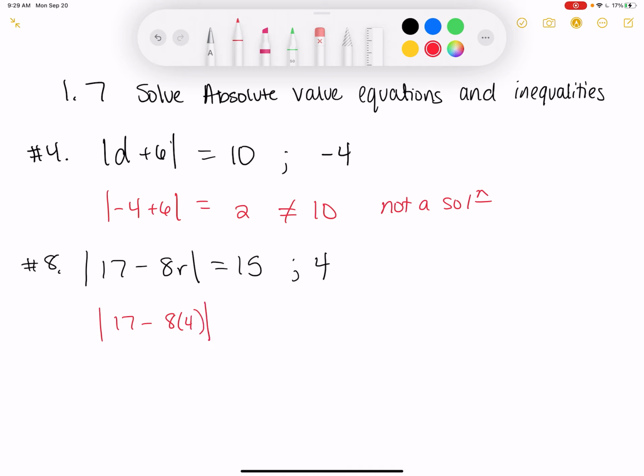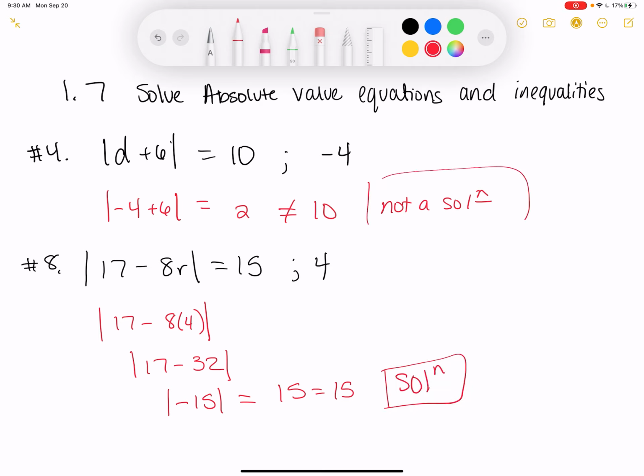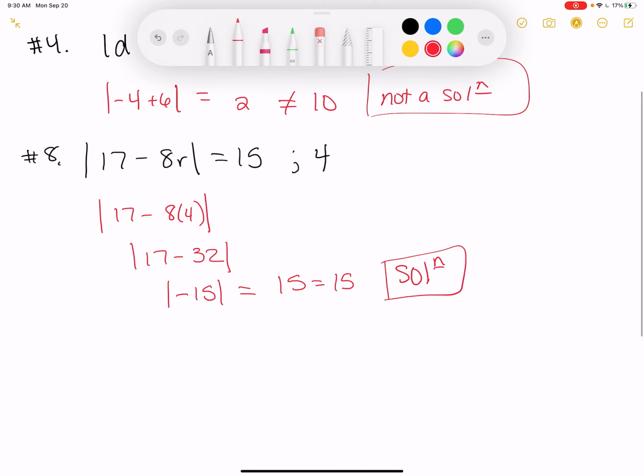So this is the absolute value of 17 minus 32. Absolute value of -15, which is equal to what? 15, which is equal to the 15. So it is a solution. Okay, those make sense? That kind. Awesome.